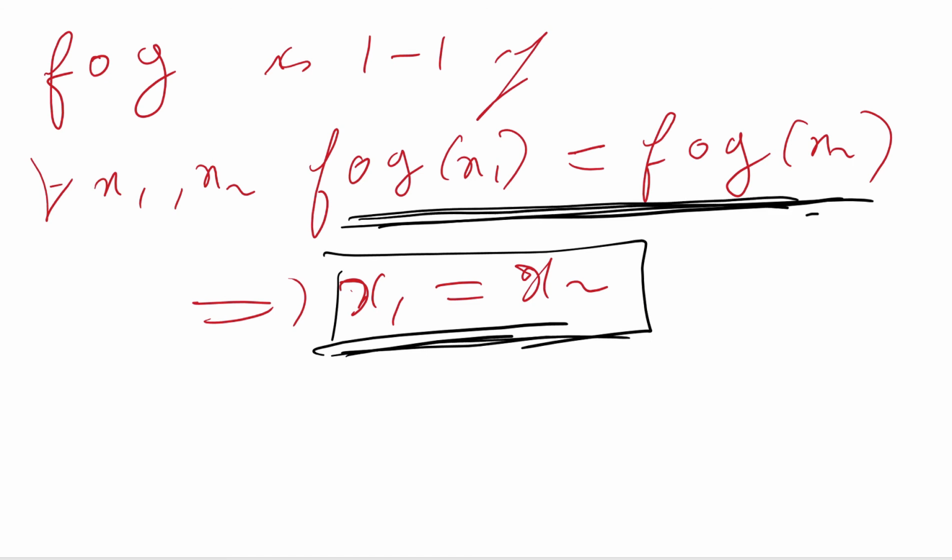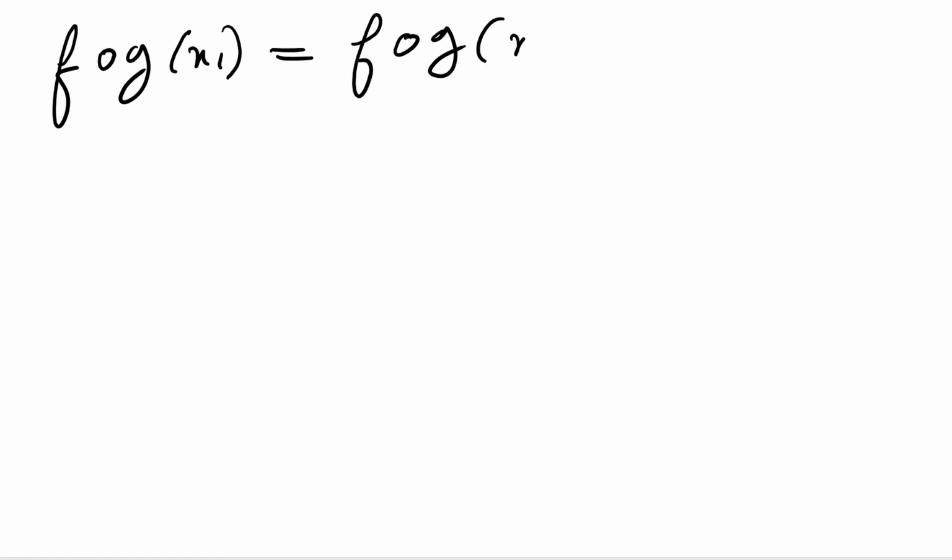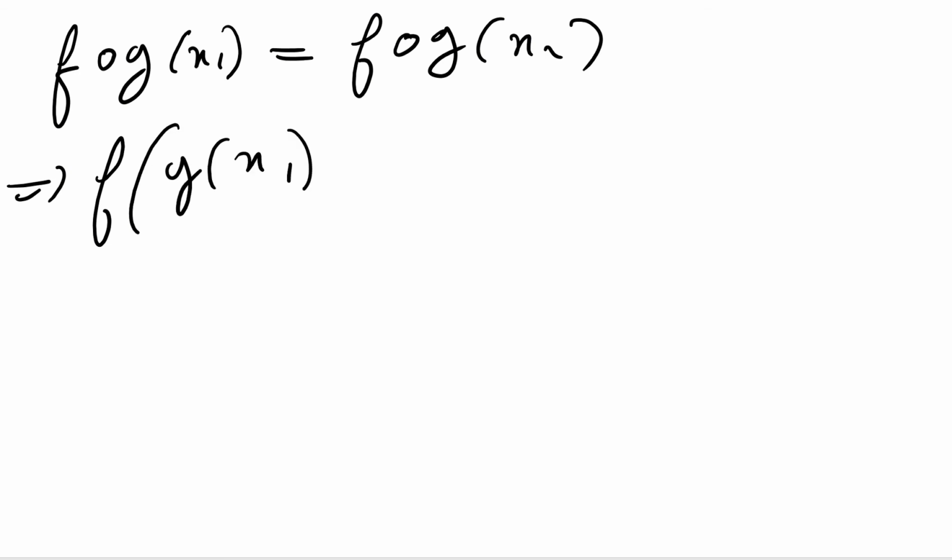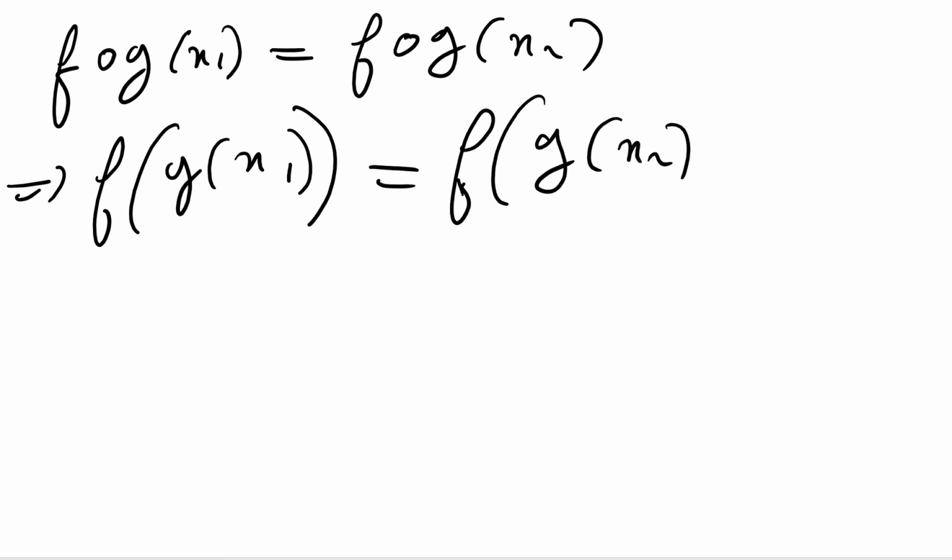So we have f∘g of x1 equal to f∘g of x2. This implies f of g of x1 equal to f of g of x2, right? Now from here, what can you do?